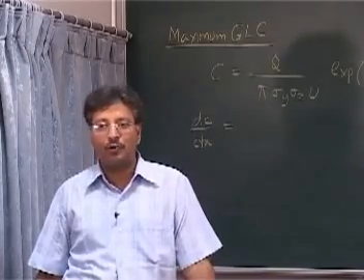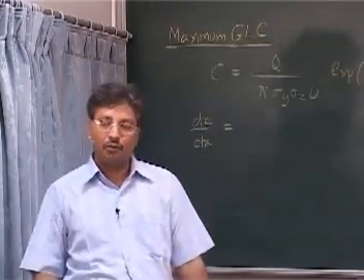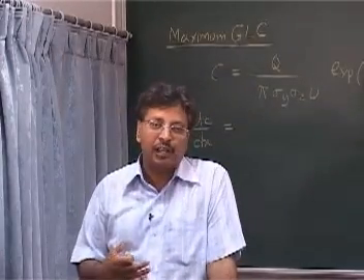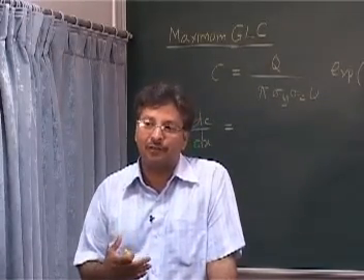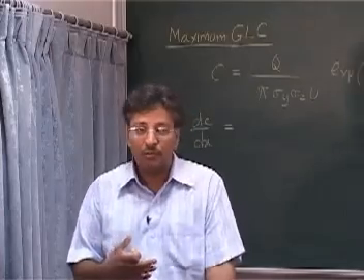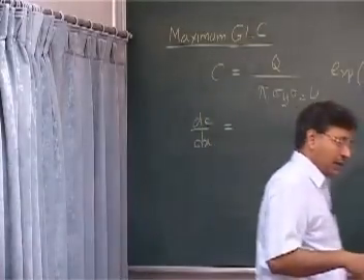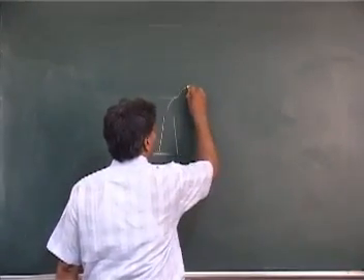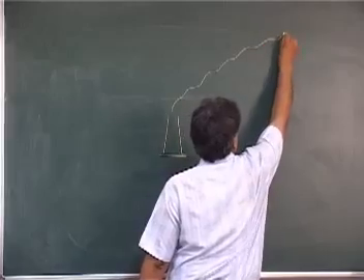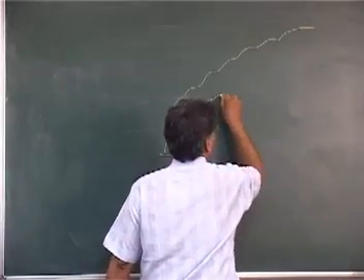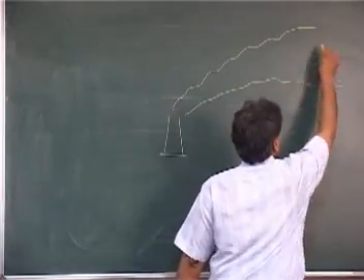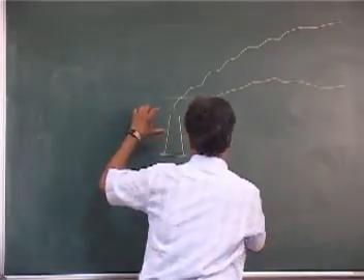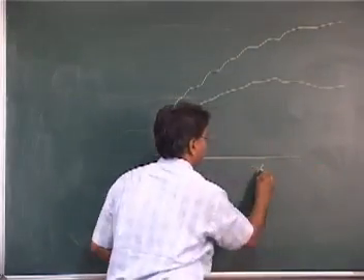Although we have not talked about it, if you want to make things very complicated, then h also will be a function of x, because many books, the advanced books, talk about this.